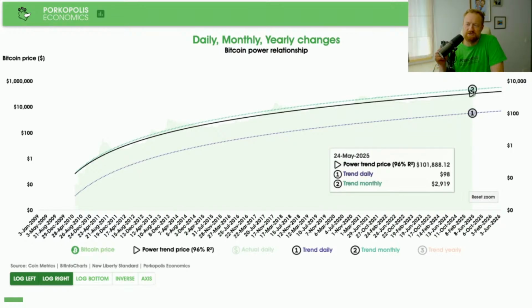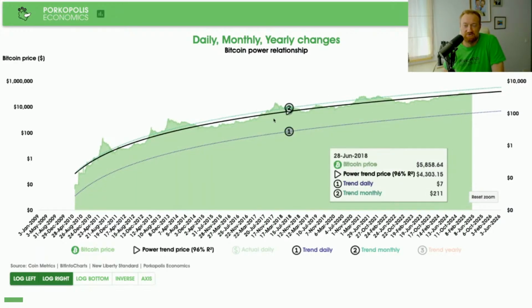It's about a little under $3,000 a month. That in itself, if you can't think about how much $100 a day is, think about a month. The trend line of the Bitcoin price action goes up nearly $3,000 a month. Doesn't mean that Bitcoin is going to go up $3,000 a month, but that's what the trend does.